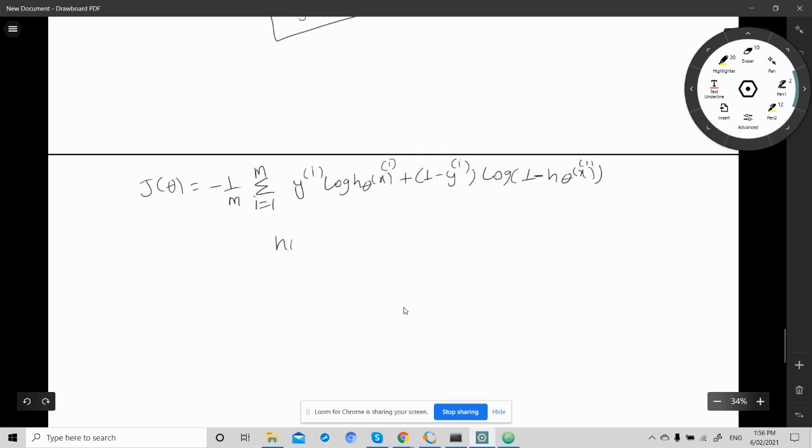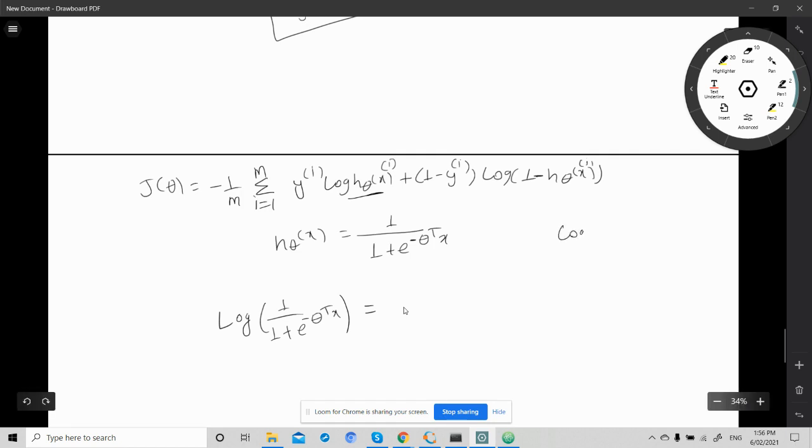So we know that our h theta of x is 1 by 1 plus e to the power minus theta transpose x. If we substitute our value here, this would be log of 1 by 1 plus e to the power minus theta transpose x.